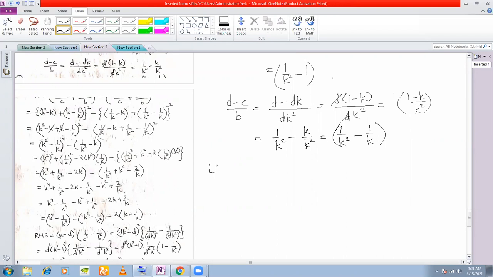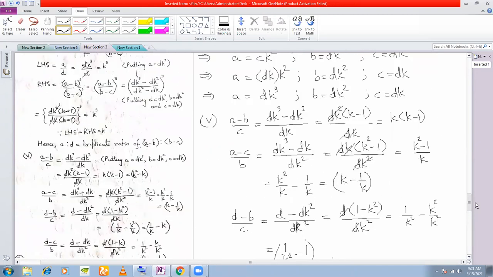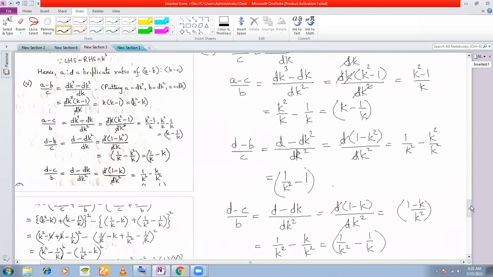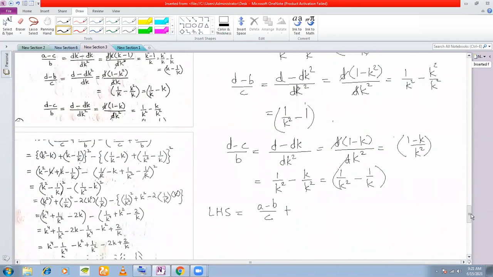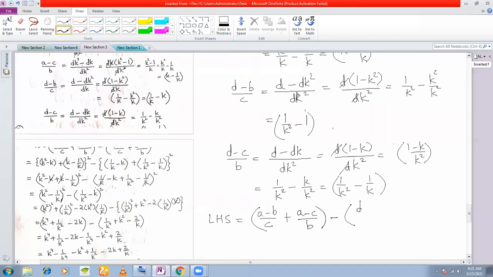Now left hand side. Left hand side is the sum a minus b by c plus a minus c by b minus d minus b by c plus d minus c by b.